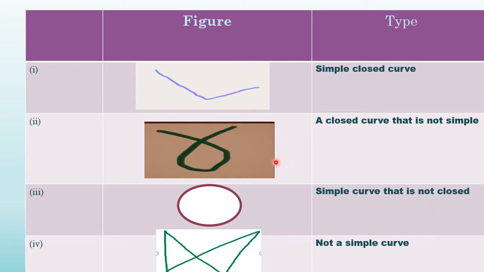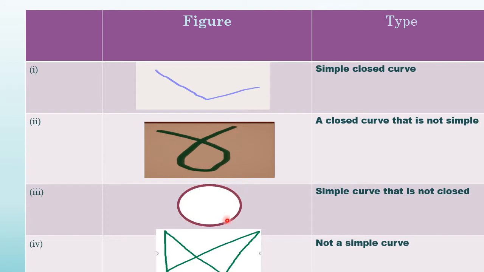So it is a simple curve that is not closed. And what about this? It has open ends, hence it is not a closed curve. It is also not simple because it is crossing. See, the two lines are crossing each other, so it is not a simple curve.